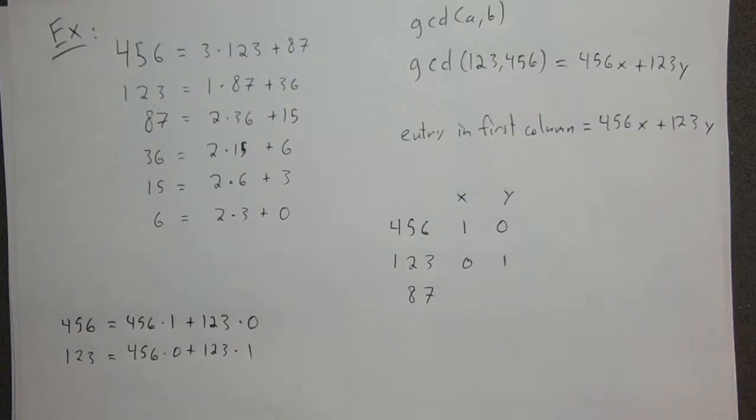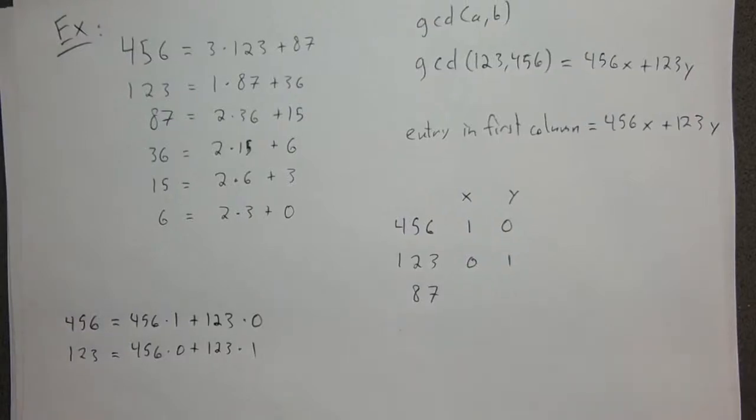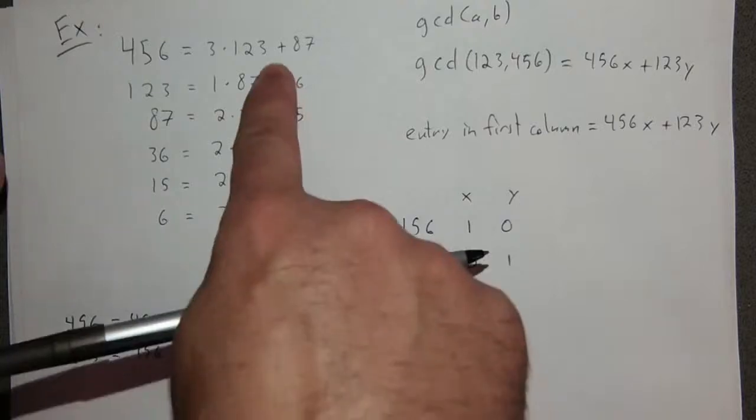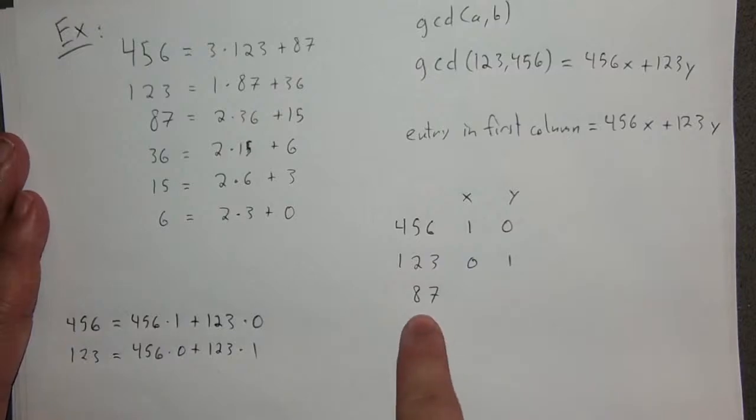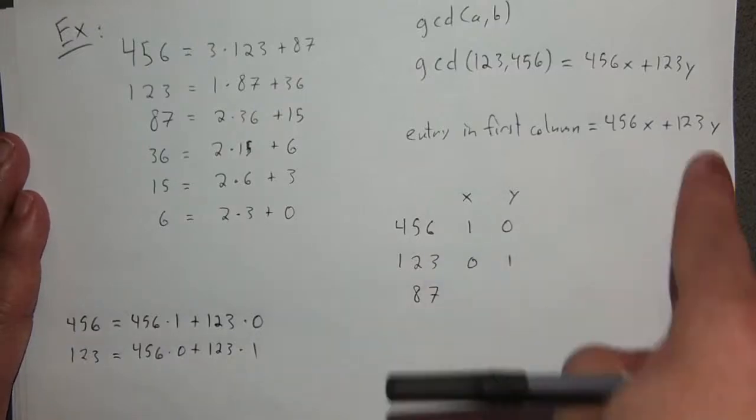So how does this work? Well, remember when we did this proof of the Euclidean algorithm, we did a version of this where we looked at this list and said there's an easy way to make 87 a linear combination of 456 and 123.